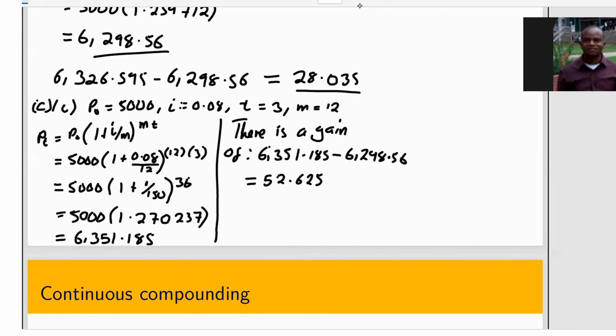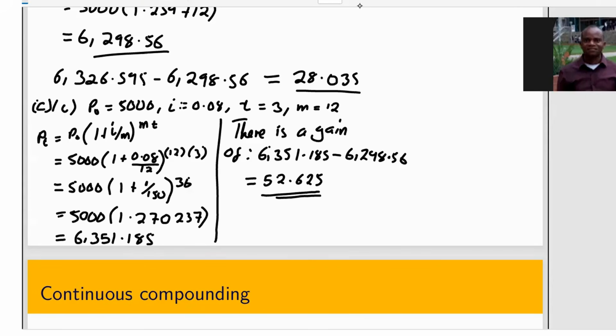What do we conclude here? We say that when an investment is done for 3 years and it is compounded monthly, when we compare to 1 year, there is a gain of 52.625. So we see the more the interest is compounded several times, the bigger the return.